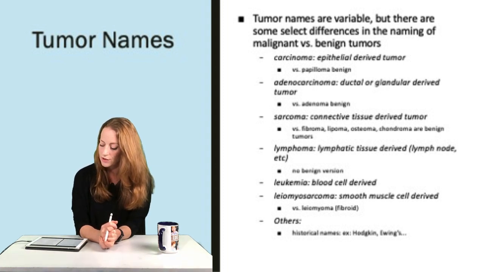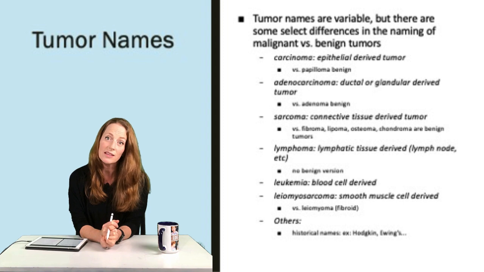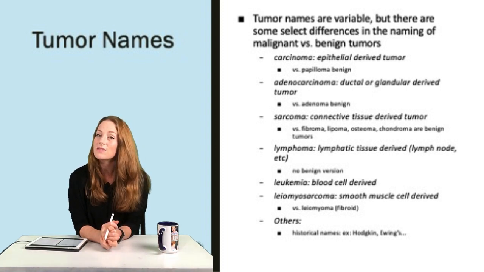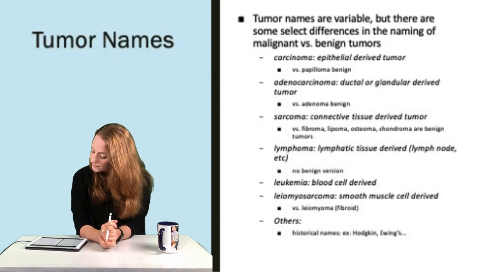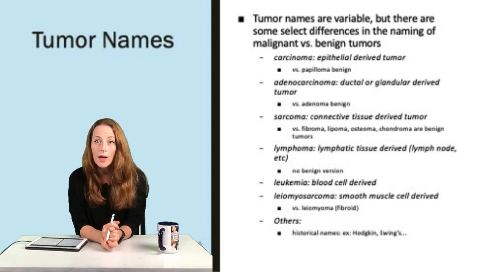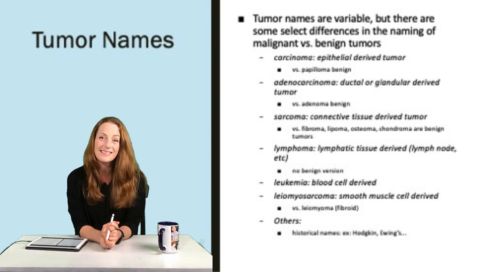Adenocarcinoma is a ductal or glandular-derived tumor versus an adenoma, which is a benign version in the same tissue. Sarcoma is a connective tissue-derived tumor versus other benign tumors from similar connective tissues, which might be a fibroma or a lipoma, chondromas, osteomas, etc.